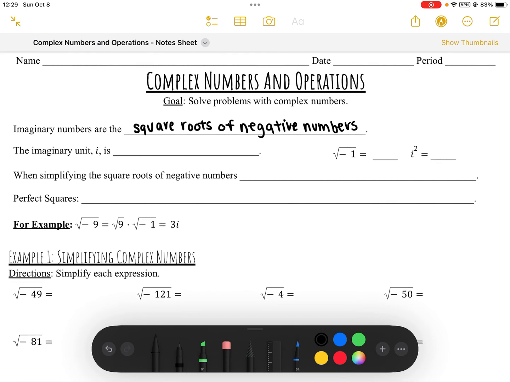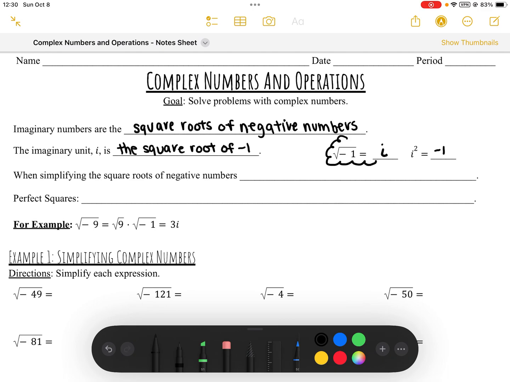The imaginary unit, I, is the square root of negative 1. Previously, you've learned that you cannot take square roots of negative numbers. The square root of a negative number is an imaginary number. So the square root of negative 1 is equal to I, okay? And then I squared would equal negative 1.